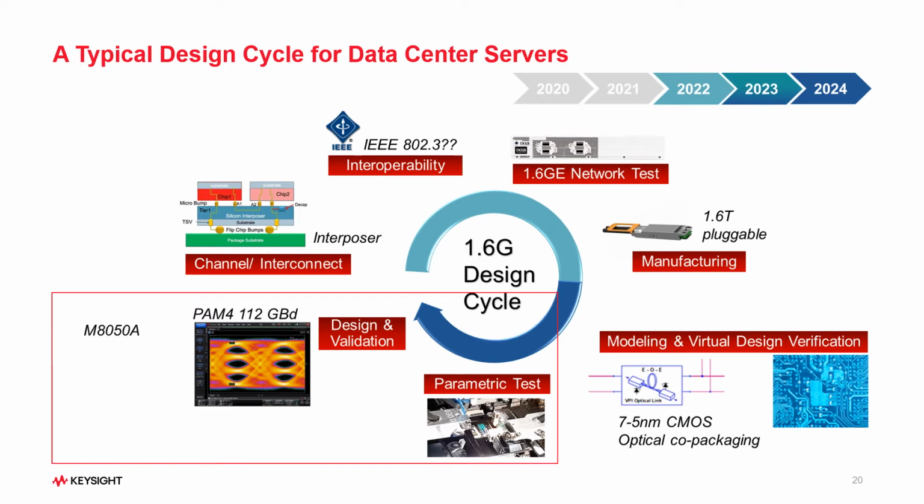When the first prototype of the ASIC or the serializer, deserializer, or SerDes are available, parametric test starts to validate the basic performance. In this phase, where parametric tests often require the highest flexibility, an arbitrary waveform generator like the Keysight M8199A can also be used as an alternate to a pattern generator.